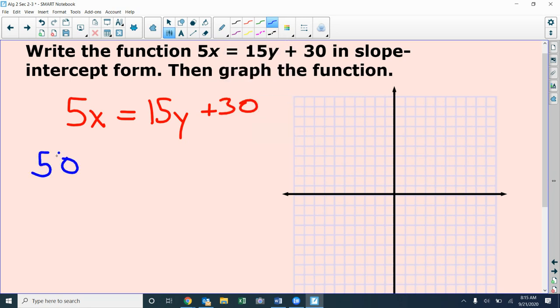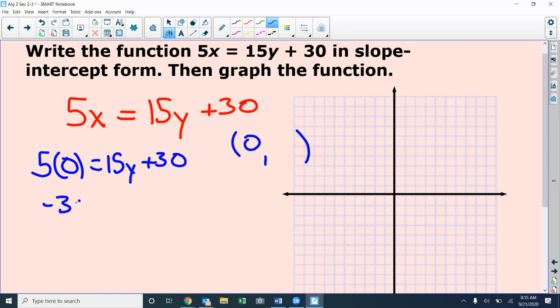So we'll put in 0 for x. What's my y value gonna be? Well, I'm gonna have to take the 30 to the other side, so I'm gonna have negative 30 equals 15y. Divide by 15, looks like y is negative 2.